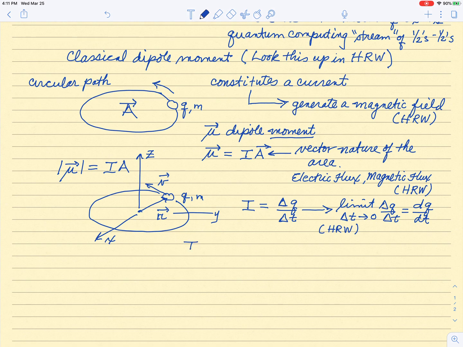So the current in this case, dq/dt, is going to be the charge of whatever the charged entity is going around in the circle over delta t. But delta t is the time it takes to go around one complete cycle. So that would be q sub e over T, where T is the period of the motion.